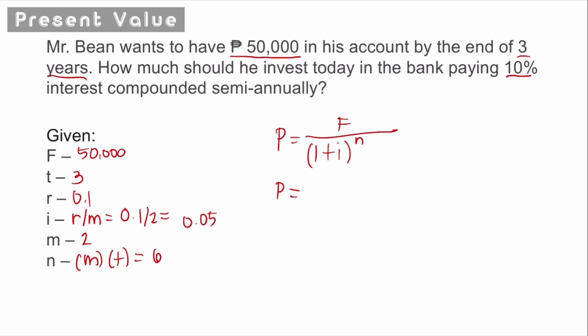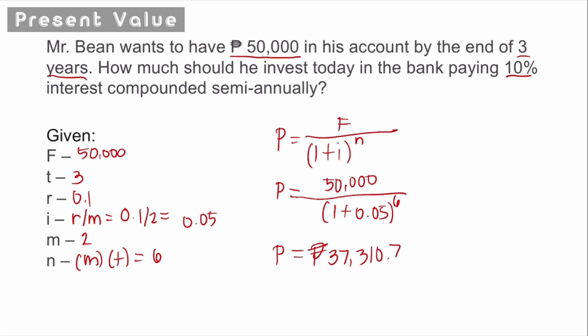After substituting, the formula will be 50,000 over 1 plus 0.05 quantity raised to 6. Now, we just compute, and our final answer will be 37,310.77. That will be our present value or our principal amount.